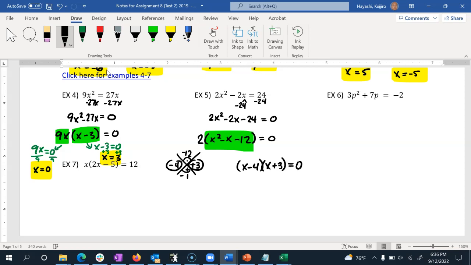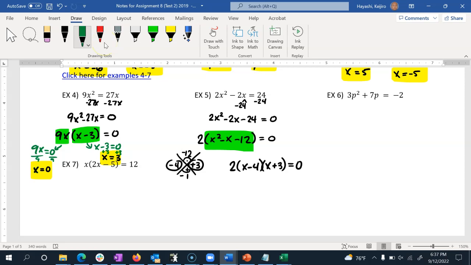What happens to that 2 that was in front of the whole thing, that greatest common factor of 2? Yeah, it should still be there. I mean, it's not going to result in anything, but it should still be there.